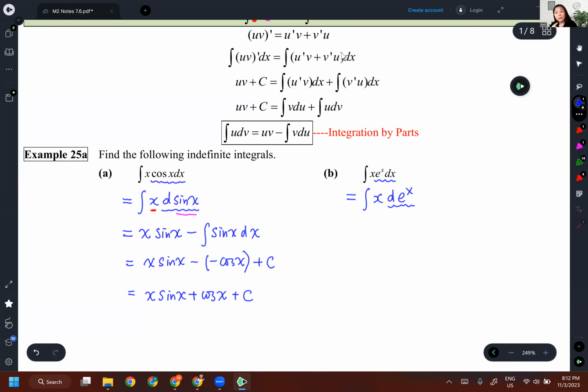Here is the integration by parts, and it's actually the same as integration by substitution. That's one part integrated.